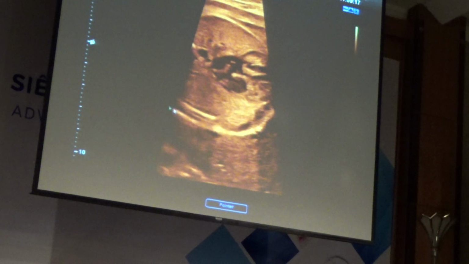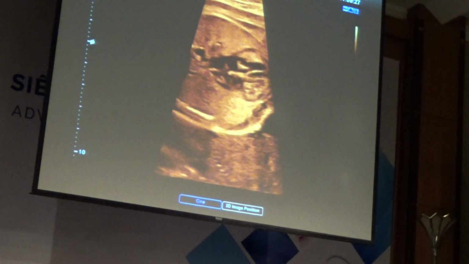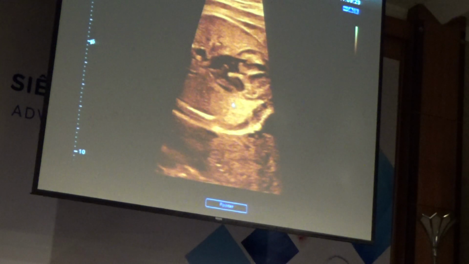But you can see, this is what I was talking about earlier. Sometimes I can only look at one part of the heart at a time because it's difficult to image. So here, for instance, I'm showing the lower part of the atrial septum is intact, the crux is intact.